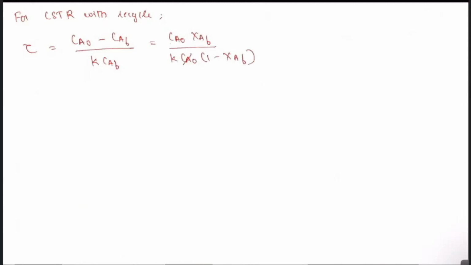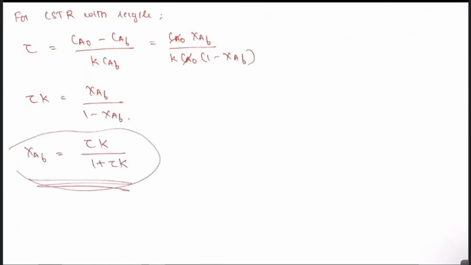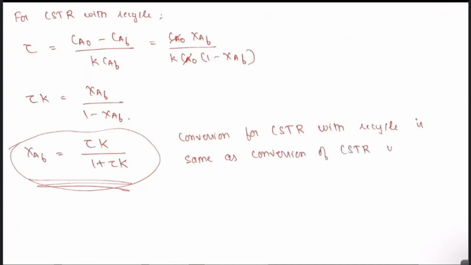CA0 gets cancelled. Tau K will be XAF by 1 minus XAF, and XAF will be tau K by 1 plus tau K. So this is same, the conversion for CSTR with recycle is same as the conversion of CSTR without recycle.